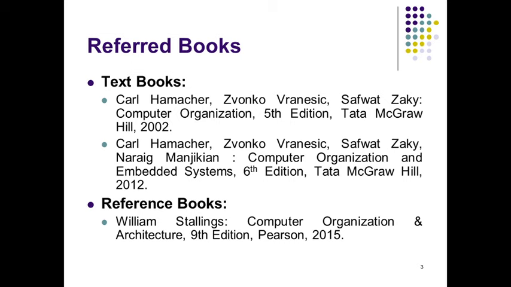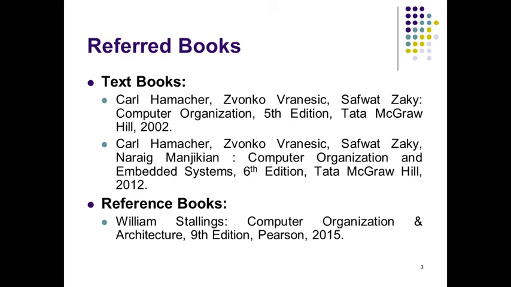This is the information about textbooks. Here there are two prescribed textbooks. One is Computer Organization by Carl Hamacher, fifth edition, which is a Tata McGraw Hill edition, and one more is Computer Organization and Embedded Systems by Carl Hamacher, sixth edition, which is again a Tata McGraw Hill edition.